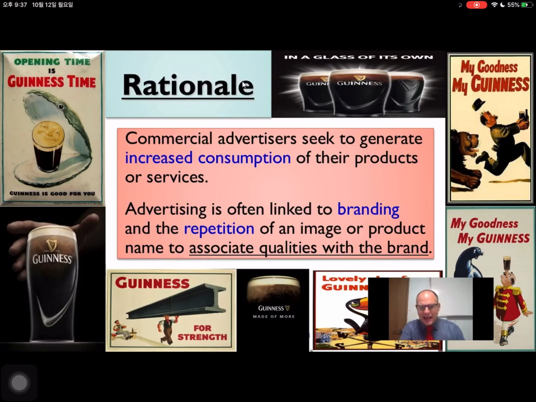These days they've kind of changed, and they've gone for more sophisticated, luxurious marketing, and now Guinness is seen as a high quality, luxurious drink. So there you go. Really, really interesting example of advertising and branding and quality. So I like that idea.